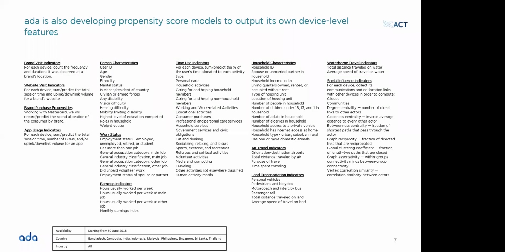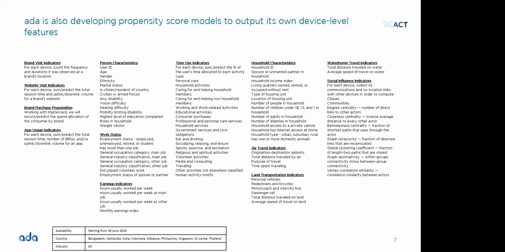So in addition to these syndicated segments, our engineering team is also working on a series of propensity score models to output a whole bunch of user attributes. Now, we call these user attributes audience features. And they're classed into several categories, and these are depicted here in this particular slide.